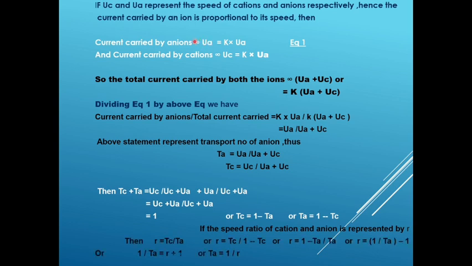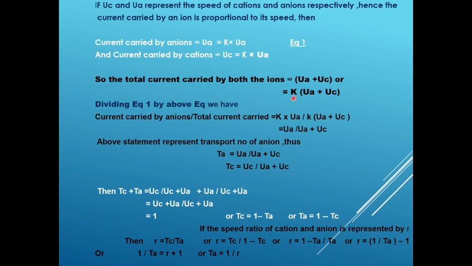If we remove the proportionality, it becomes K multiplied by UA. In the same way, current carried by cations is proportional to its speed UC. If we remove proportionality, it becomes K into UC. Total current carried by both ions is proportional to UA plus UC. Again removing proportionality, it becomes K multiplied by UA plus UC.